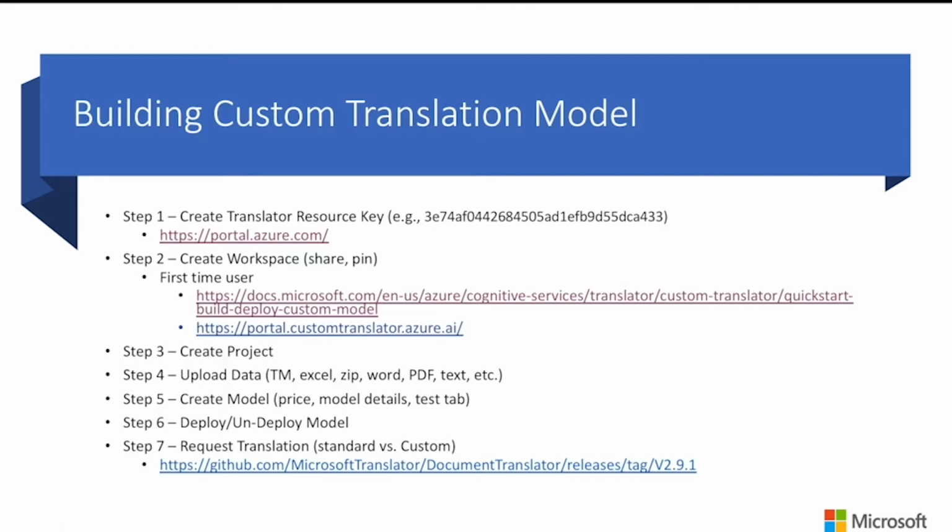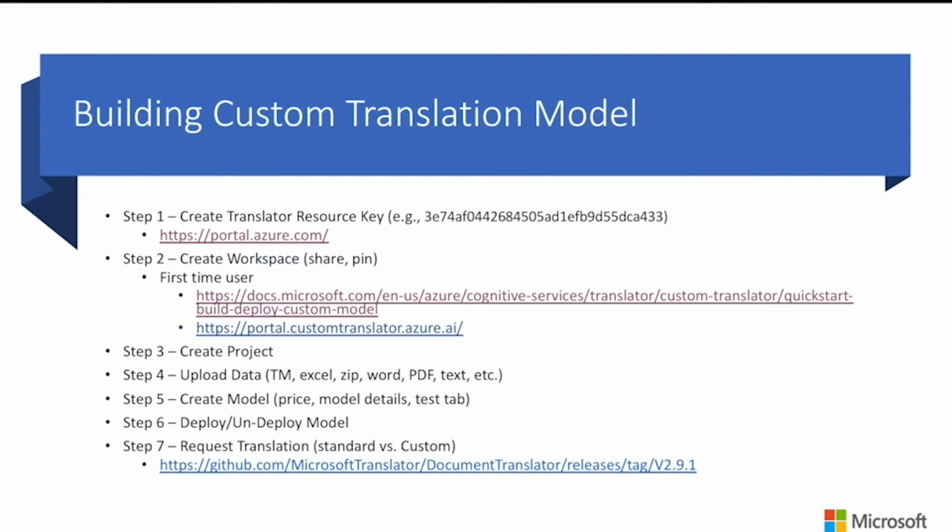And please pay attention that it does not have any dashes in between, because the Azure account subscription key would actually have dashes, and sometimes customers tell me they are not able to create a workspace, and then when I look at the resource key they're using, they are actually using the Azure subscription key, not the translator resource key.